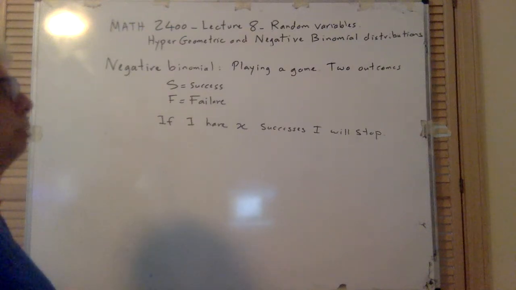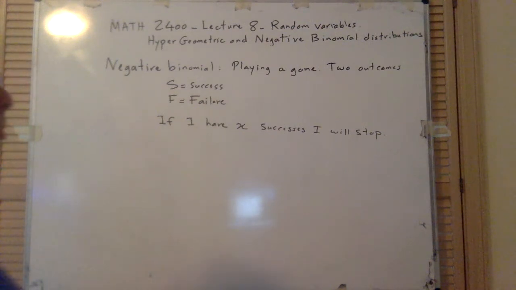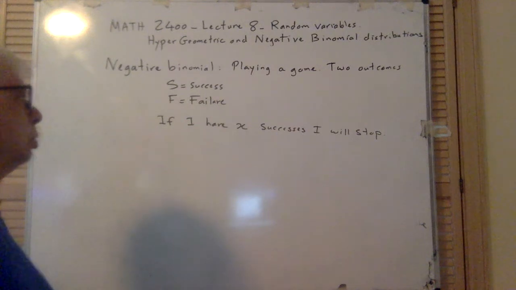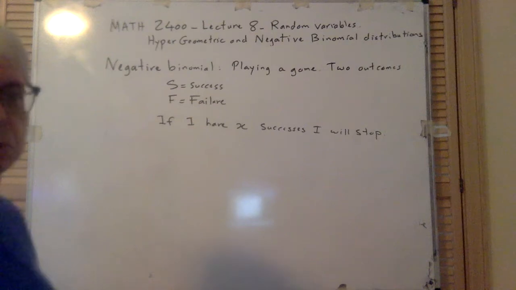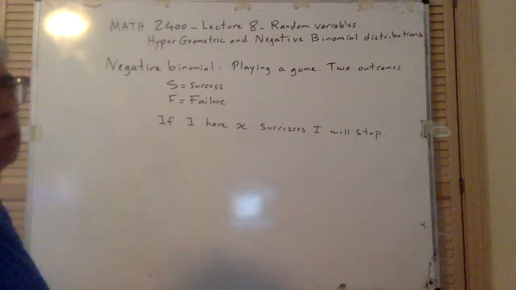You just play and play and play until you have x successes. You just promise yourself that I will stop when I have like 5 successes, right? Now this can be just one success. You say I play and play and play until I just win once. Okay, so that's called a geometric random variable, when that x in fact is 1.